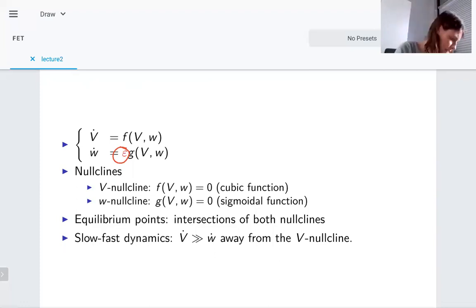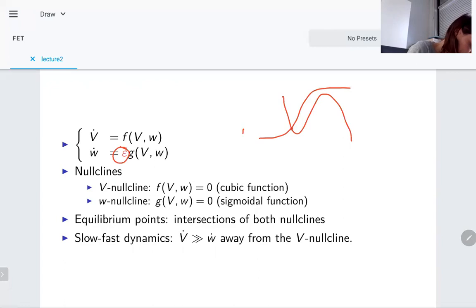Okay, so this means that if we go back to the null line drawing, if this is V and this is W, then away from the V null line, of course on the V null line the velocity of V is 0, but away from it, the vector field is horizontal, in the sense that the direction is going to be towards like this.